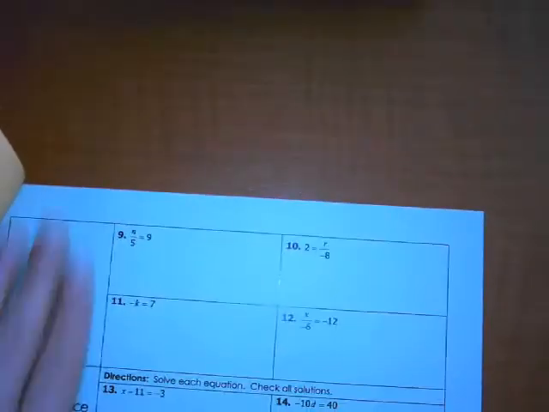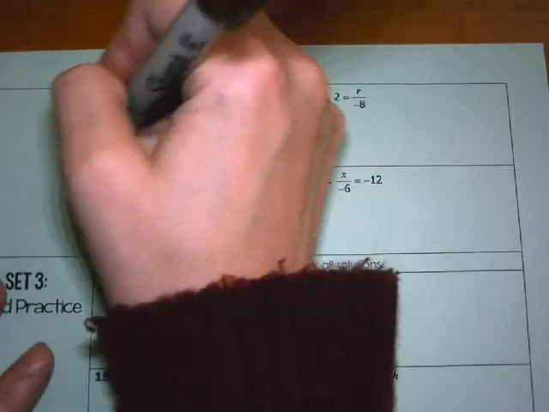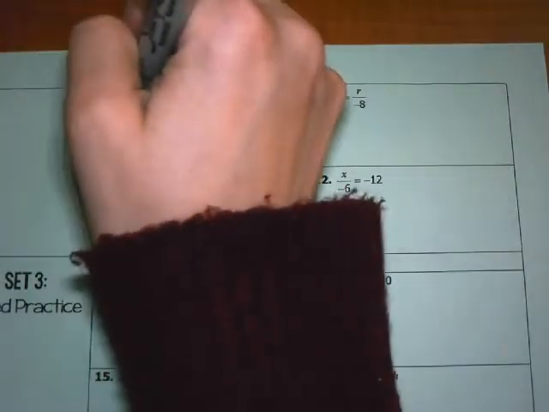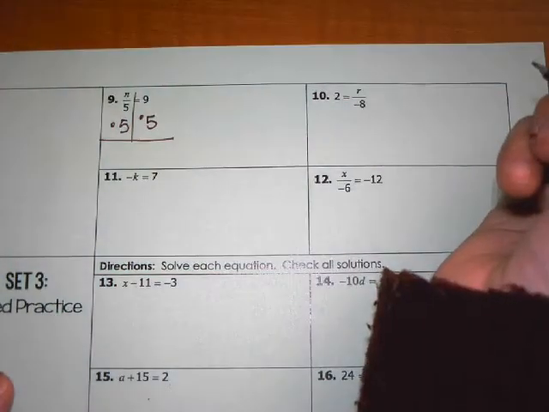All right, green paper, next page. Number 9. Same thing, guys. Draw your upside down T. But what operation do you see being done this time? And if I see division, that means I need to multiply. So I'm going to multiply each side by what? My 5s cancel out.